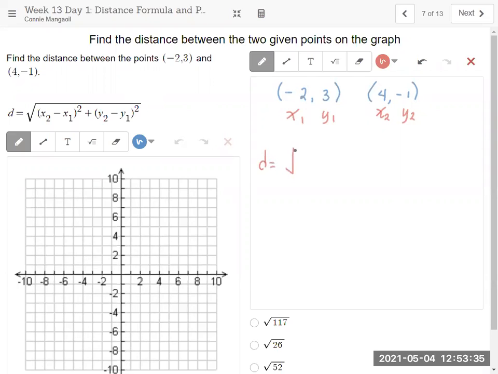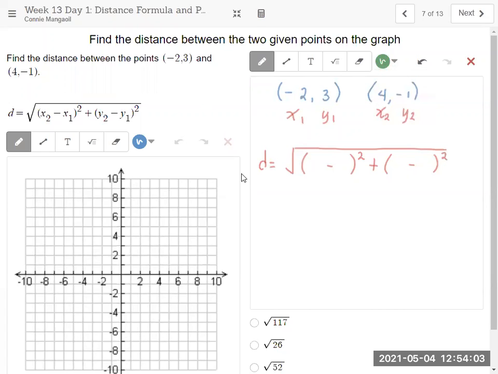So distance is equal to the square root of this, the first parenthesis is for your x. All right? The second parenthesis is for your y. So x squared plus y squared. And let's plug in the values. So for your x values, you have x sub 2 minus x sub 1.